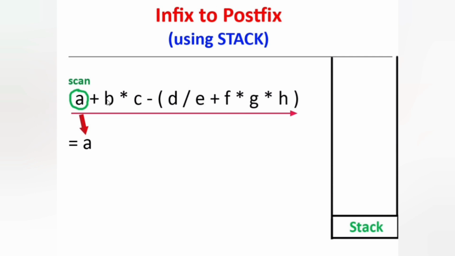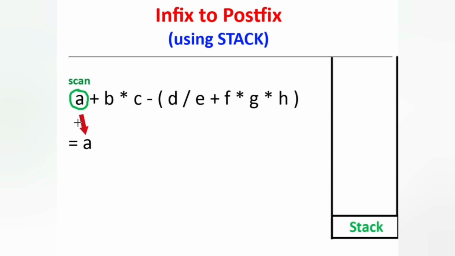First is A, then plus, then B, then asterisk meaning multiply, and so on. That item can be an operand or an operator, and accordingly we put it into either the expression or the stack. On the left side, you can see the stack I have mentioned. Here, the operator will be either pushed in or popped out.